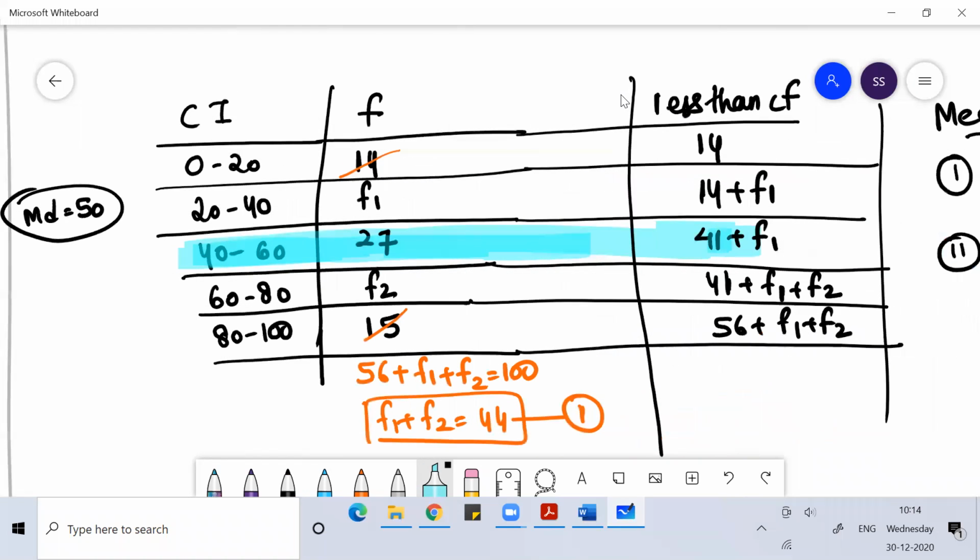Please understand this. For this only I'm doing all this hard work, because the median is 50.